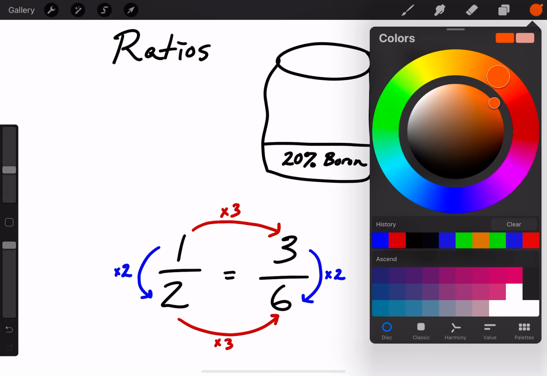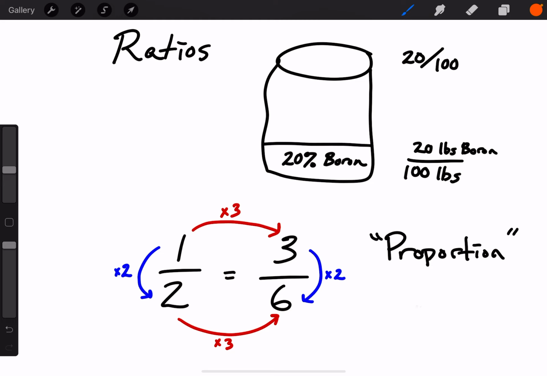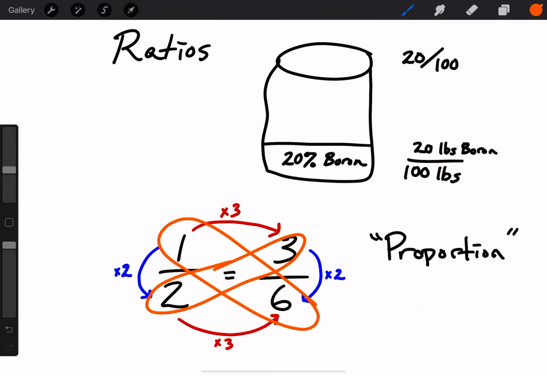Now finally, and this is actually the most useful of the patterns, and it's not super obvious at first, if you go diagonal across the proportion and we multiply the diagonal numbers, 1 times 6 and 2 times 3, it turns out that those diagonal products will always be equal in a proportion.